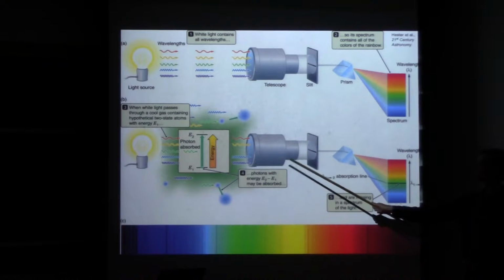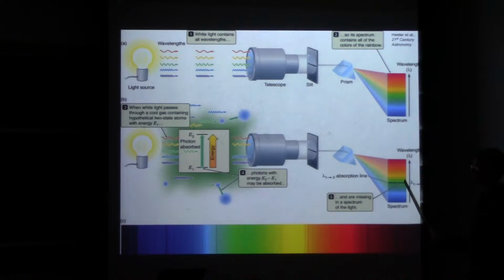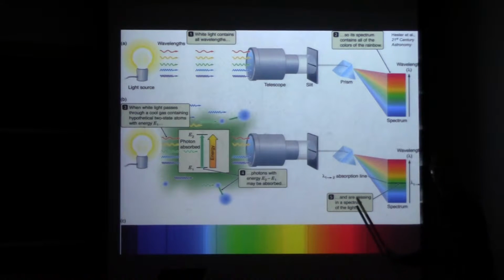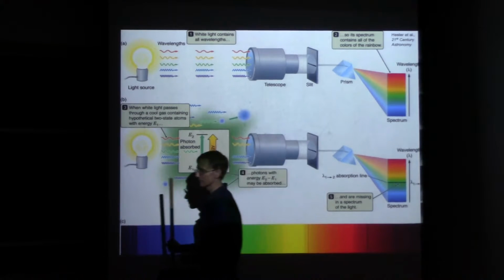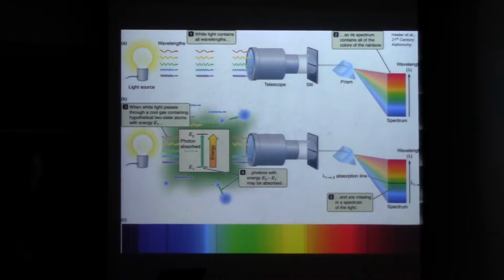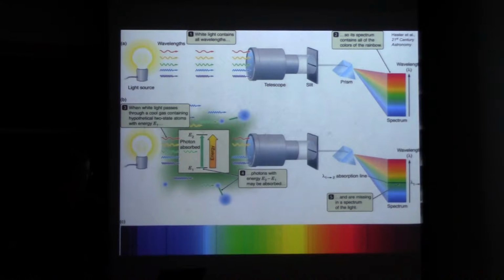And so then the beam itself is missing light of the wavelength that the atoms can absorb, and so you get an absorption line, a line where there's a wavelength where there's light missing, and all the other wavelengths make it through. The gas is transparent to those wavelengths because those wavelengths aren't the right energy to cause any transitions in those atoms.